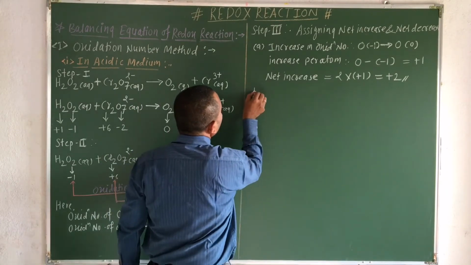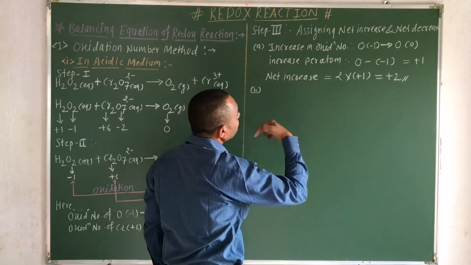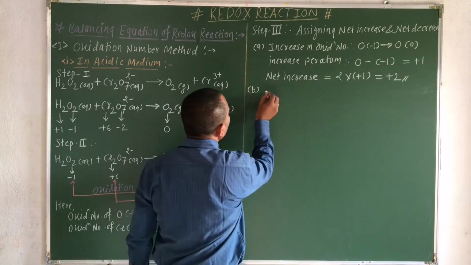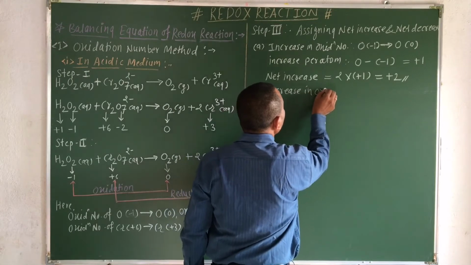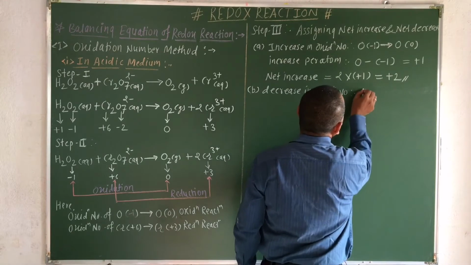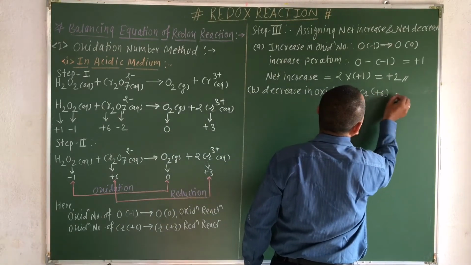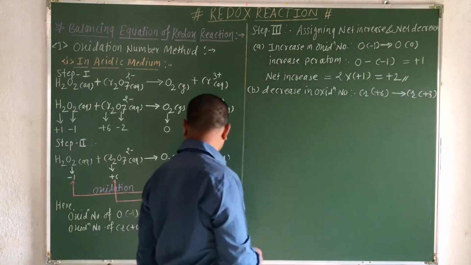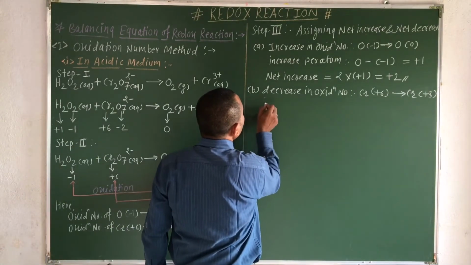Step number 3rd. Similarly, we have written for this oxidation reaction. Now we have to write it for the reduction reaction, for the decrease in oxidation number. Okay, we know that it is in chromium, from chromium +6 to chromium +3. Okay, +6 to +3. So let us consider again decrease per atom.